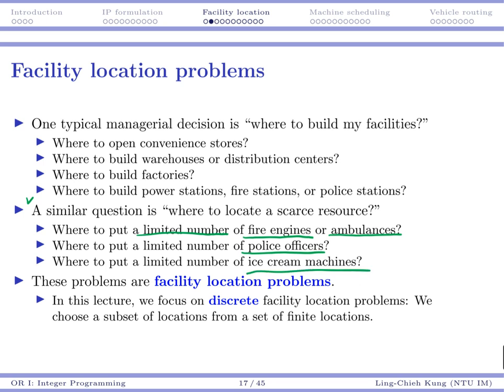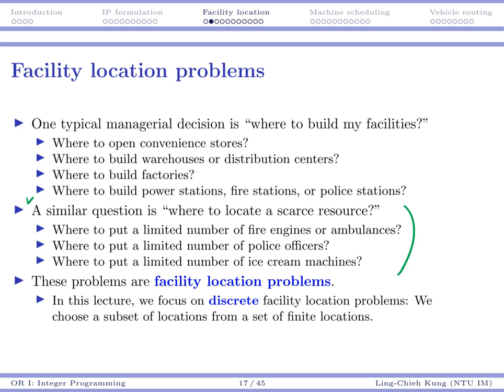If you have some ice cream machines, you want to install them in your convenience stores, but you cannot do it in every store, so you need to decide where to do that. These are all facility location problems in general, even though sometimes you are not building facilities.